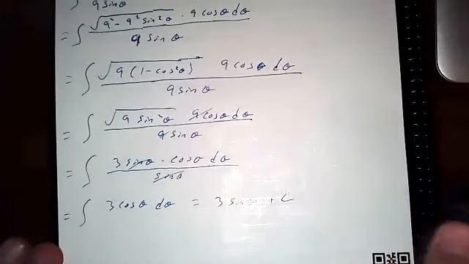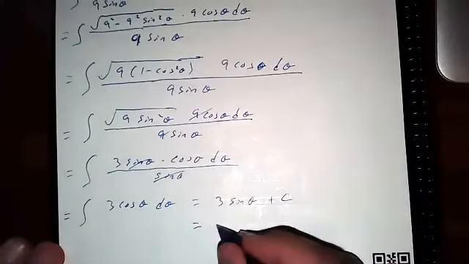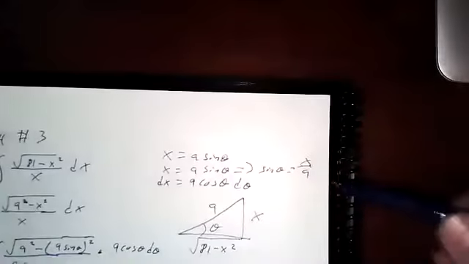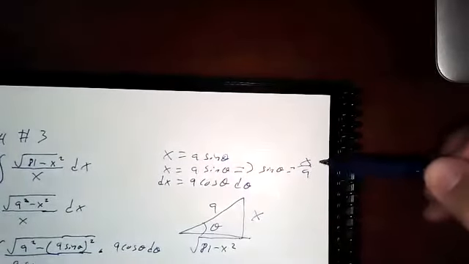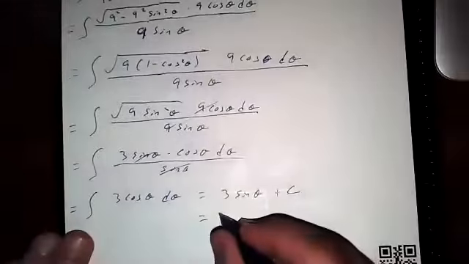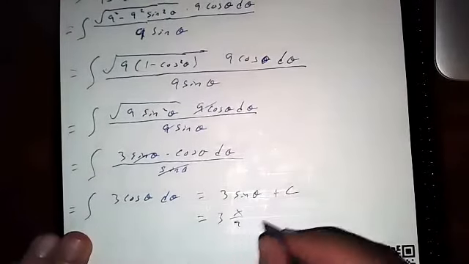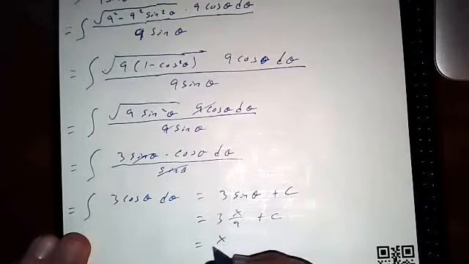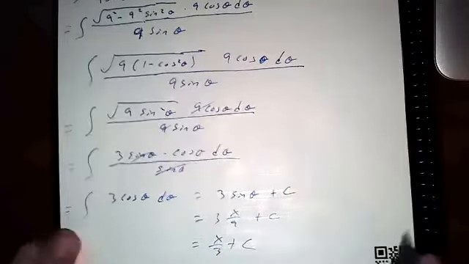Plus c. So sine, I'll get back to x. Well, that is defined as x over 9. So that'd be 3 times x over 9 plus c. So that reduces to x thirds plus c.